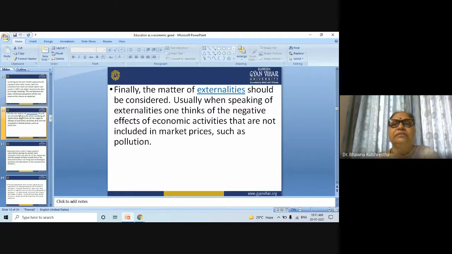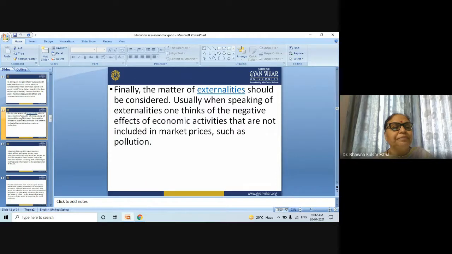However, there are also positive externalities, that is, positive effects of which someone can benefit without having to pay for it.